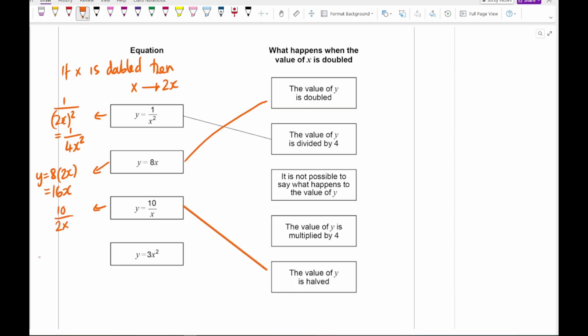And then finally we've got y equals 3 lots of 2x squared, which is going to equal y lots of 3 times 4x squared. So that's then going to be multiplied by 4. So this one is going to be joining that one there.